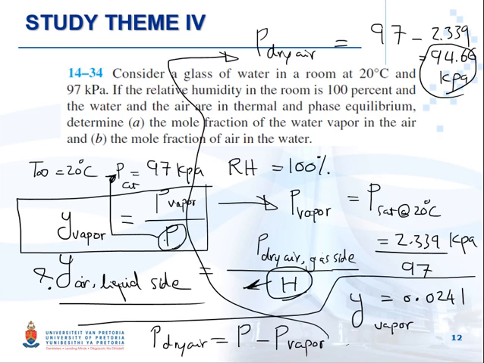If we do the calculation, the final answer for Y of dry air on the liquid side will be equal to 1.44 times 10 to the power of minus 5.